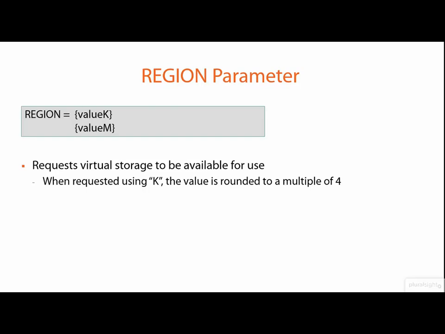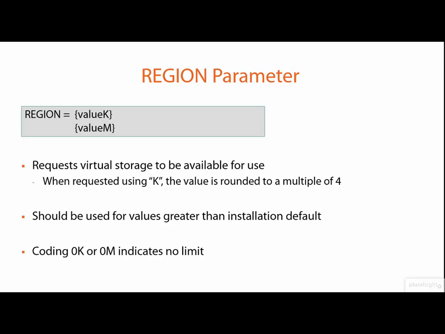In the event that we find that our job terminates because there's not enough virtual storage, then we would code a region parameter to indicate the amount of storage that we want. Installations may also establish upper boundaries in terms of what you can request, and as a matter of fact, if we use this value, we can also code 0 to indicate that we do not want a limit.